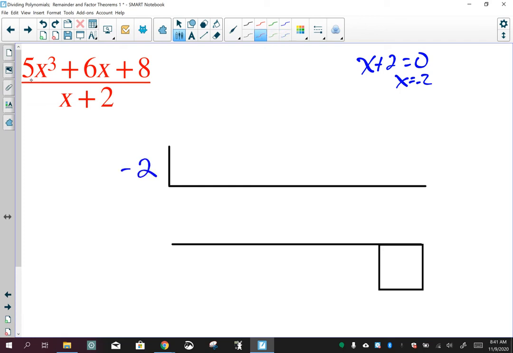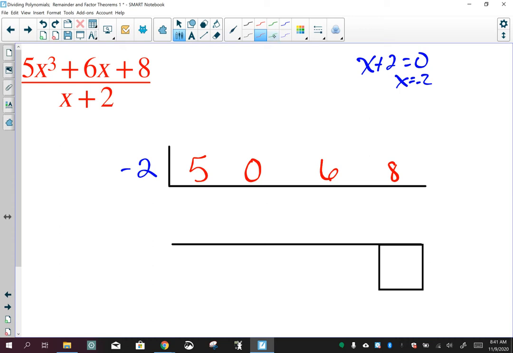And then I'm going to write each one of my coefficients. Notice that my x squared is missing, so I got to make sure that gets represented by a 0 because it has to be there. Let me space that out better. So I've got a 5, a 0, and a 6.